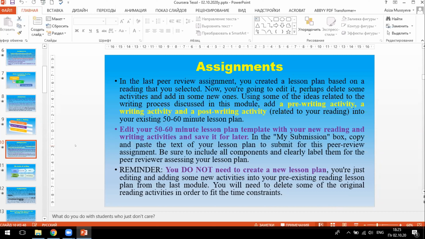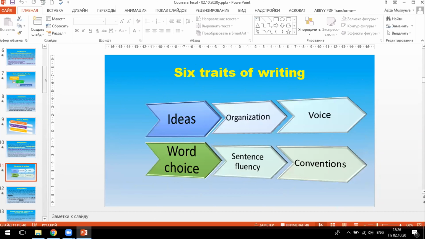So you need to edit and save it for later, and you don't need to create a new lesson plan, which is very important here. You just take your lesson plan, copy it again, and make it different with writing.